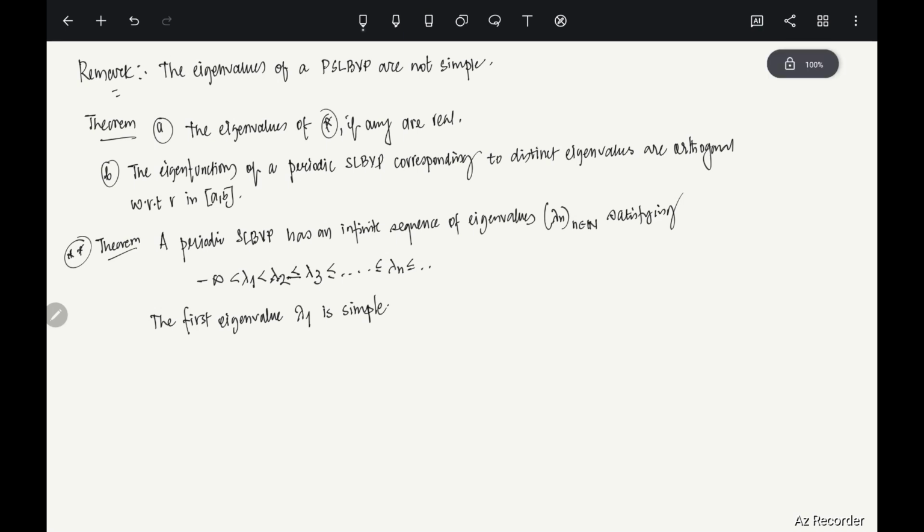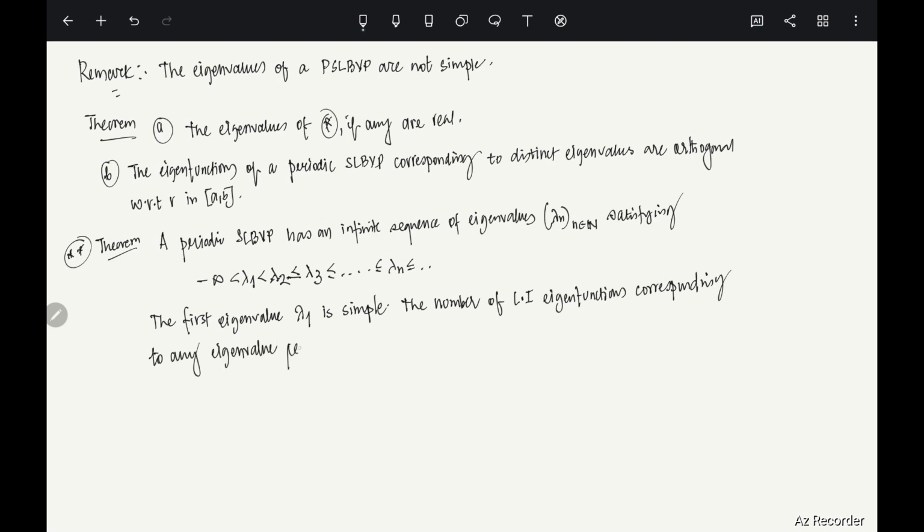And the number of linearly independent eigenfunctions corresponding to any eigenvalue mu is equal to the number of times mu is repeated in the above listing.